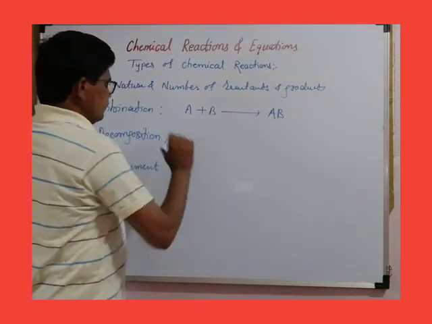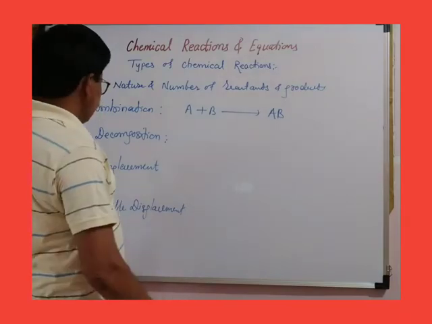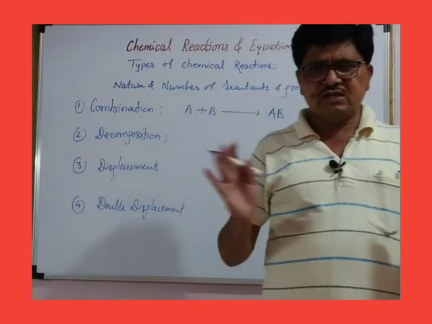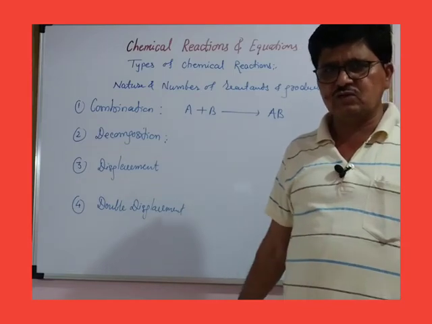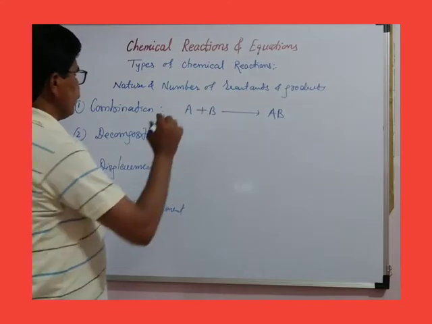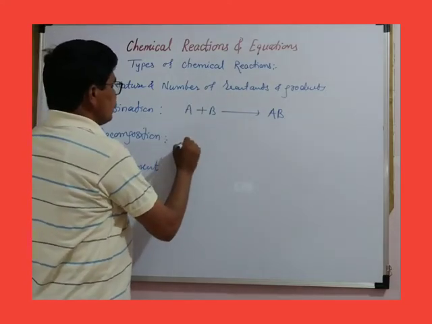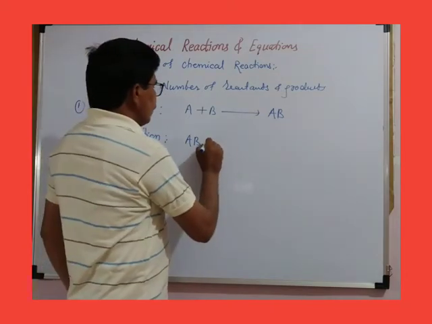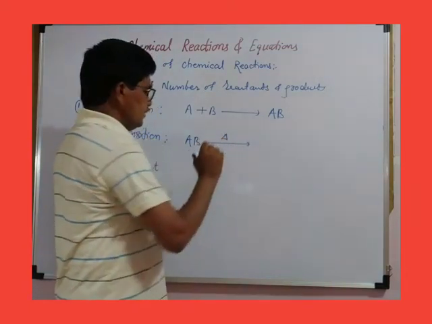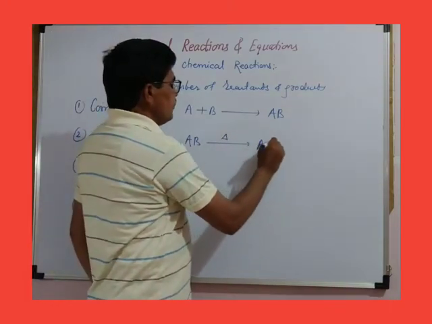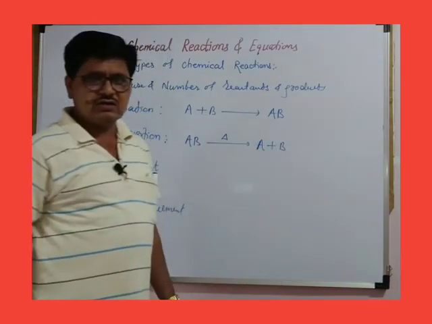Then second is the decomposition reaction. What do you mean by decomposition reaction? When the splitting of a single substance converts it into 2 or more products, that type of reaction is known as the decomposition reaction. Suppose AB is any reactant and if we provide heat to that reactant AB, there is the formation of A and B products.